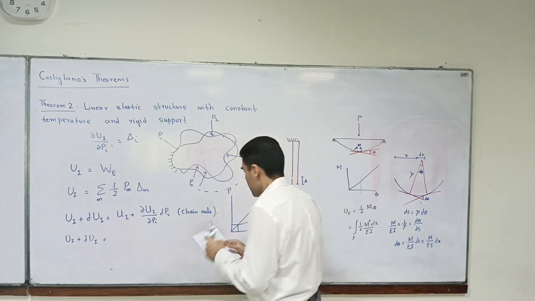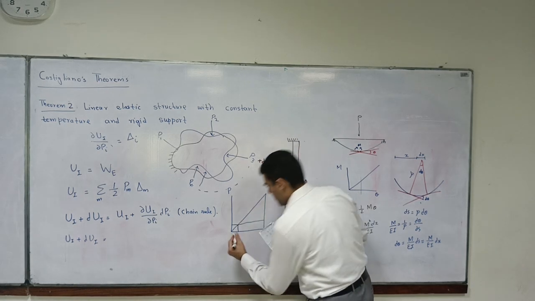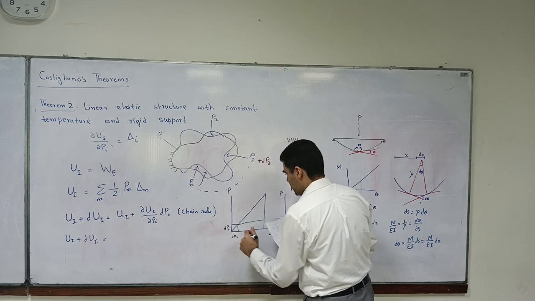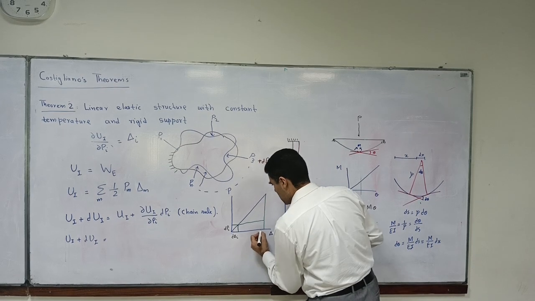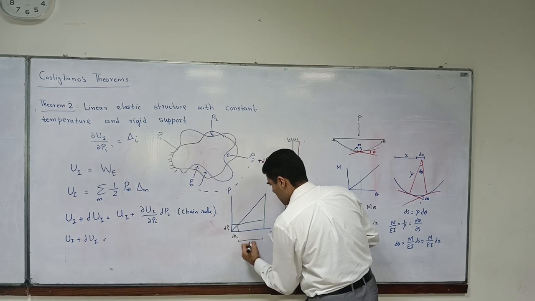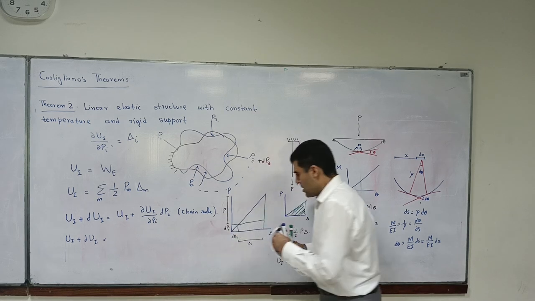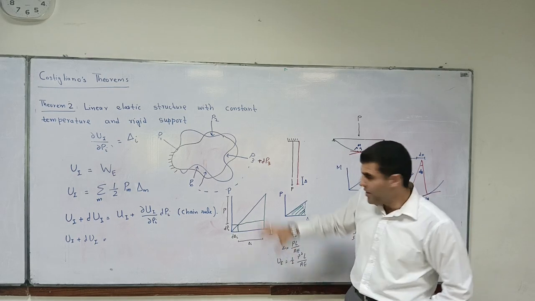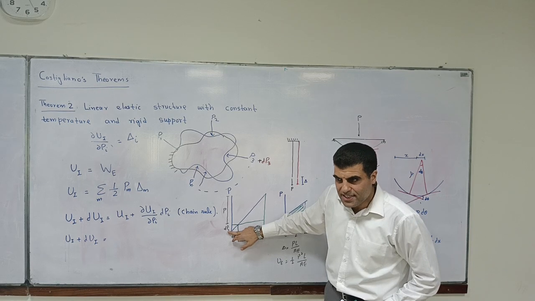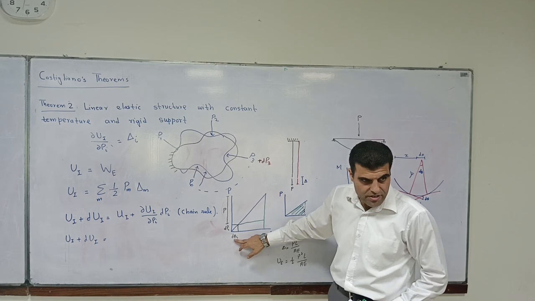So what I'm saying over here is that initially, say we have the load dPi applied on the structure, that will produce d delta I, this deflection on the structure.